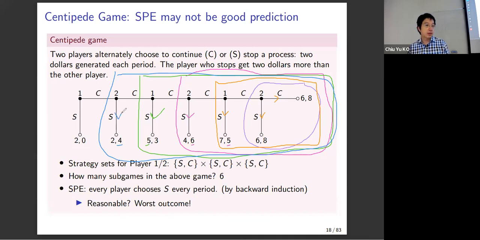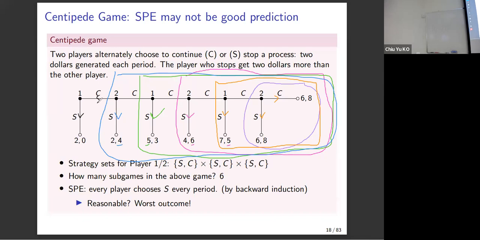At the very last, the whole game, player 1 is choosing between 2 or 2, it doesn't really matter. Either they stop or continue will be equilibrium. So you will either end up here or here.